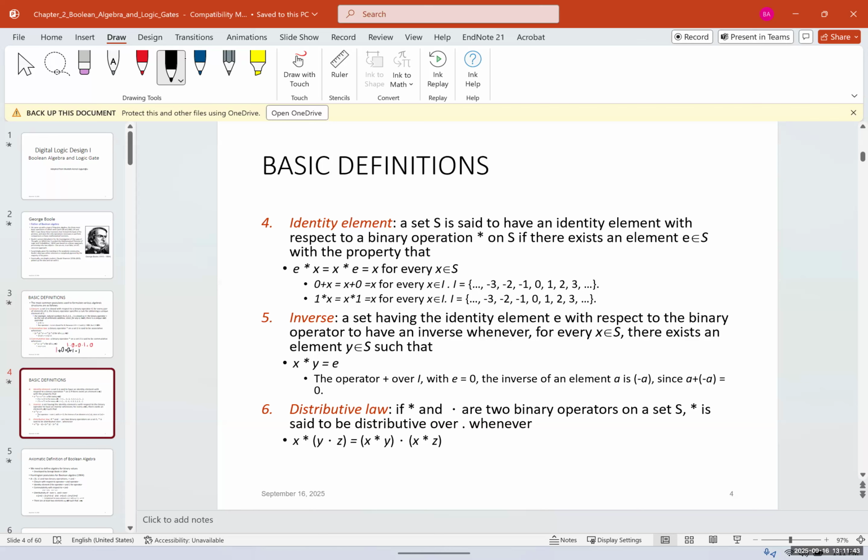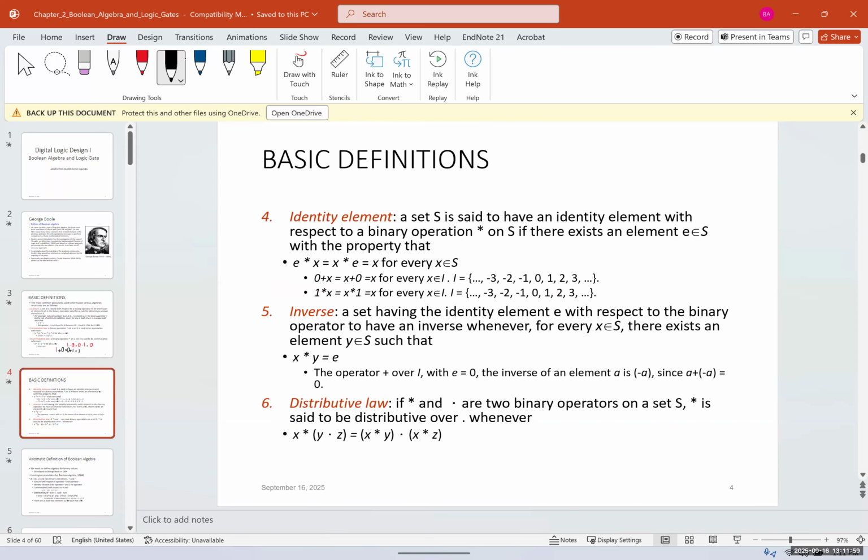For the distributive law, if we have, for example, two operations, they are shown differently here. We can have X AND (Y plus Z), or X plus (Y AND Z) would be (X plus Y) AND (X plus Z), or (X AND Z) plus (X AND Y).